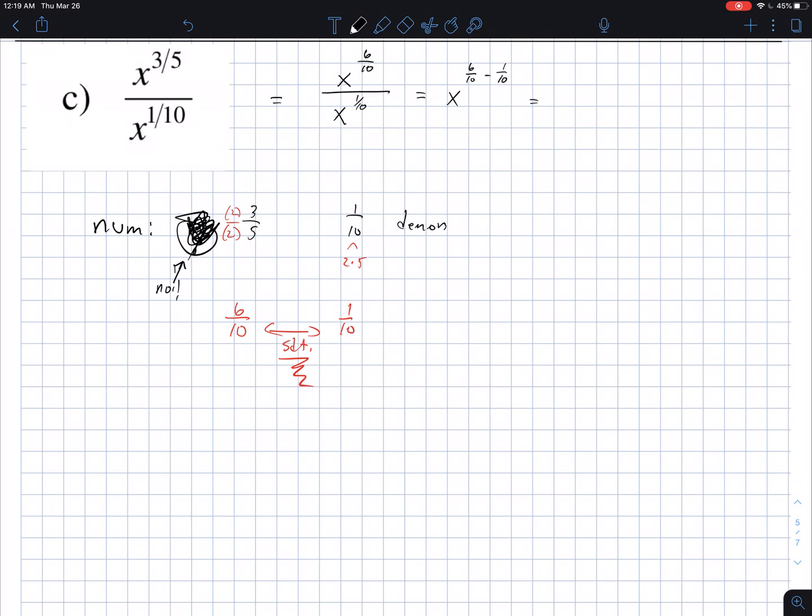The denominators are the same, so what's 6 minus 1? That's 5/10, which equals x to the 1/2. And that is what x to the 3/5 divided by x to the 1/10 equals.